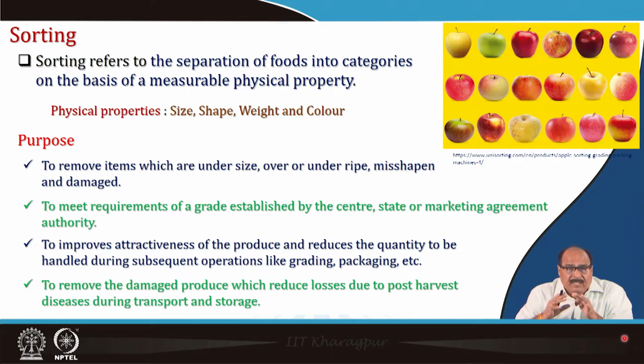Also, sorting improves the attractiveness of the produce and reduces the quantity to be handled during subsequent operations like grading and packing. It also removes damaged produce, which reduces losses due to post harvest diseases during transport and storage.